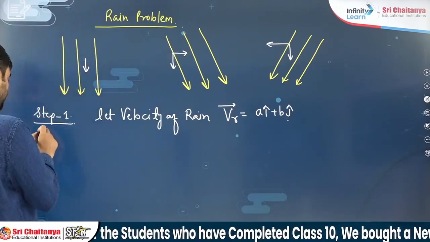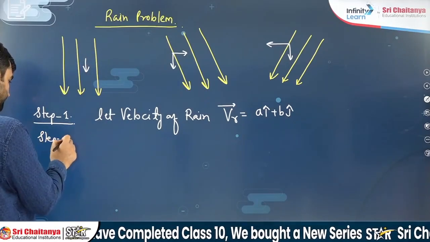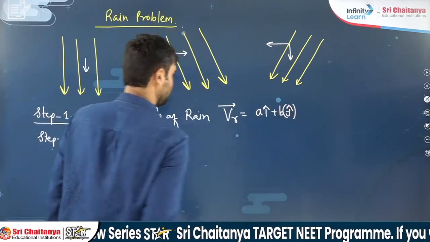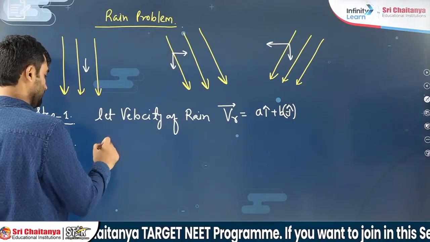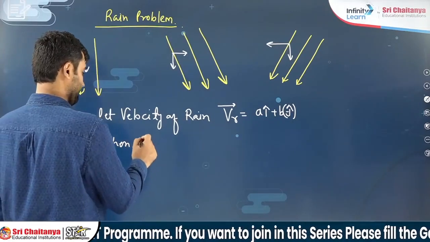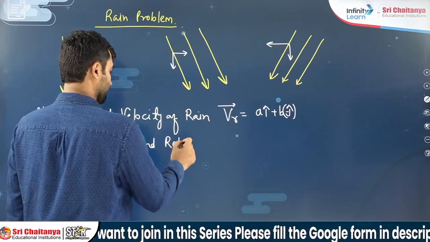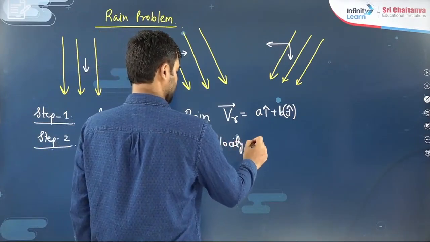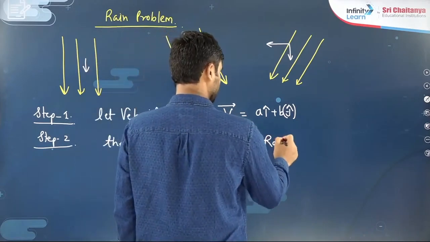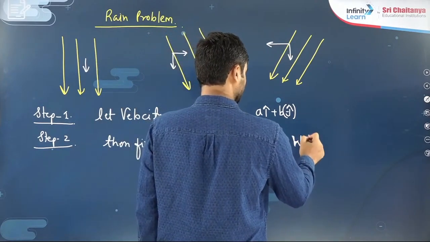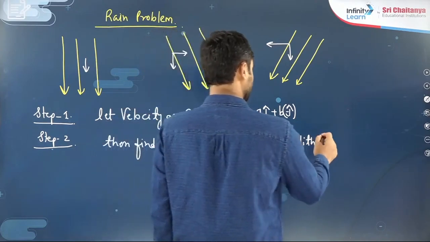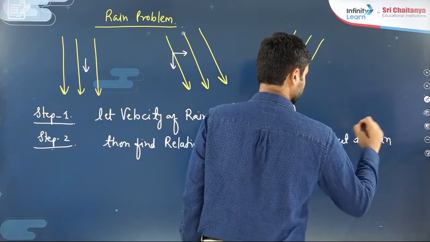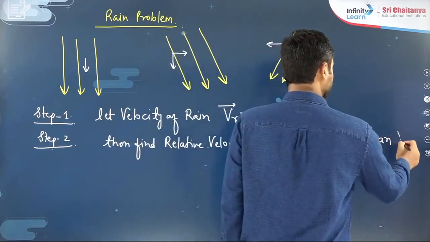Next, here you can take minus j cap also. Then find the relative velocity of rain with respect to man, meaning VRM.